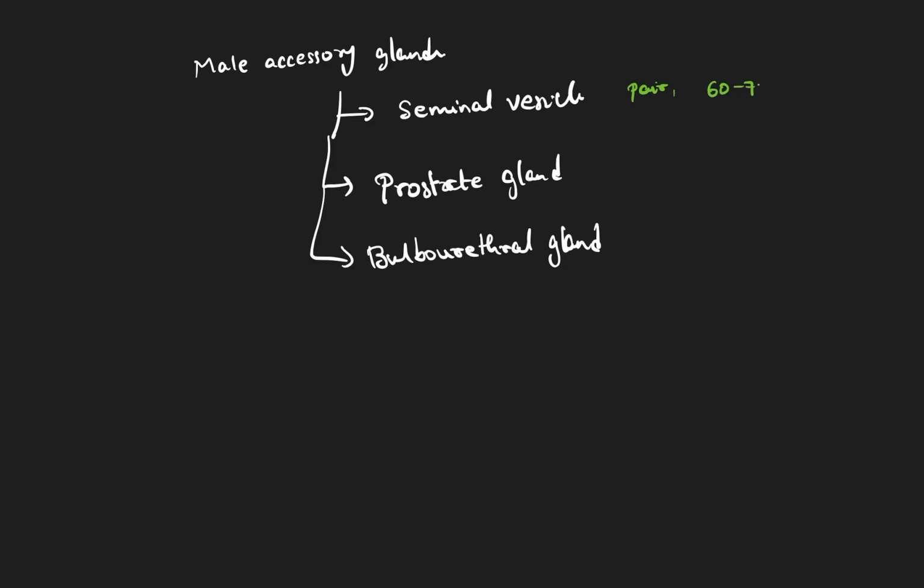They secrete 60 to 70% of the contents of semen. 60 to 70% of the part of the semen is produced by whom? By the seminal vesicle. It also contains fructose. The seminal vesicle forms 60 to 70% of the semen and helps in the secretion of fructose.